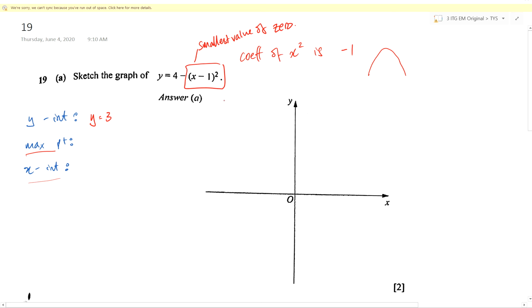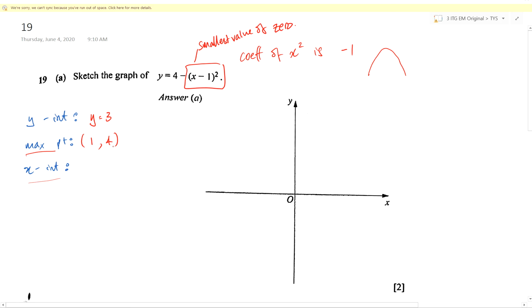When does this happen? When x is equal to 1, the perfect square is equal to 0. Therefore, x is equal to 1. I've got the x coordinate already. When x is equal to 1, inside the bracket will be 0, and 4 minus 0 is 4. Logical. So here we have the maximum point.